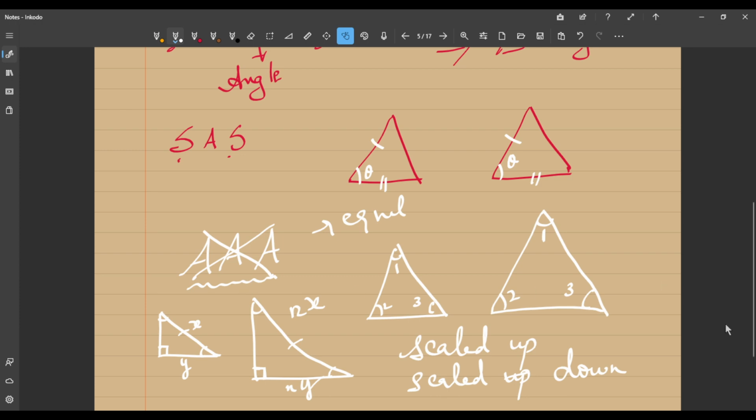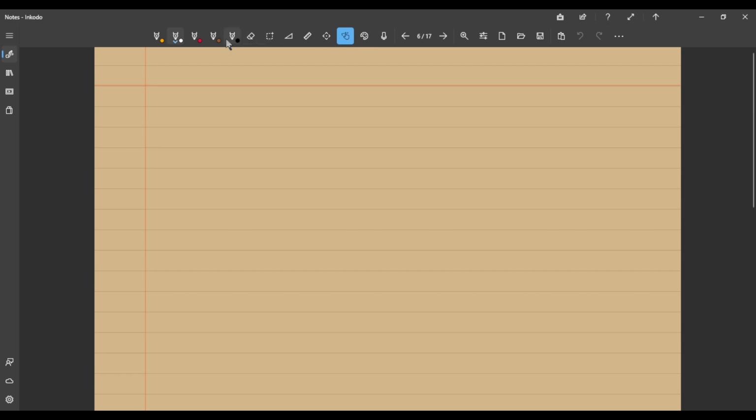But given that this does not hold good, let me have a case where all the three corresponding angles are equal, AAA, and one more side is equal. Let's see that case. What I mean is, the side is not scaled up or scaled down, it's exactly the same.